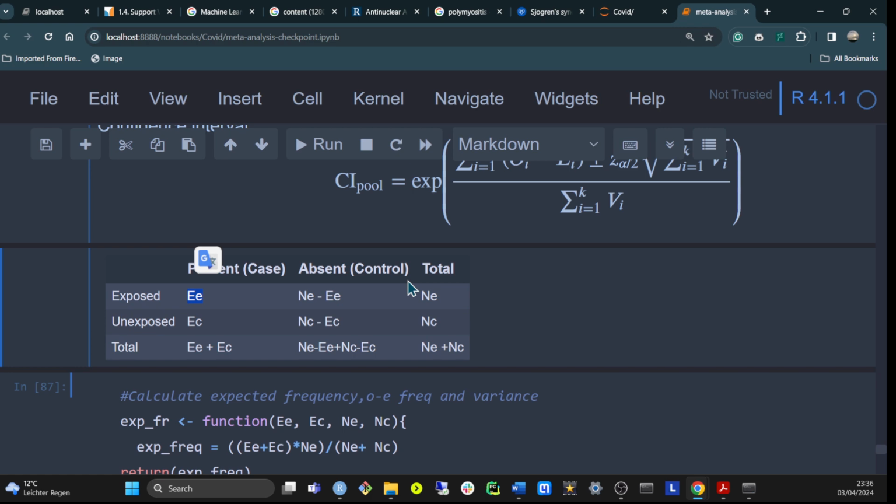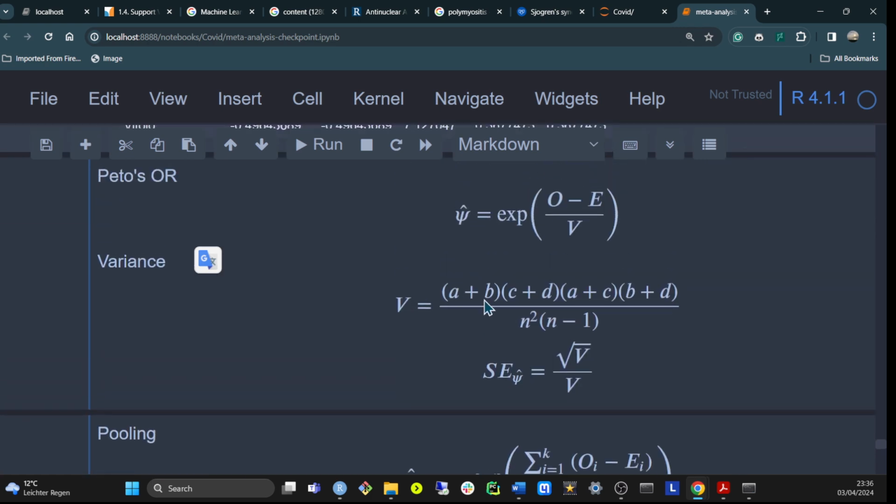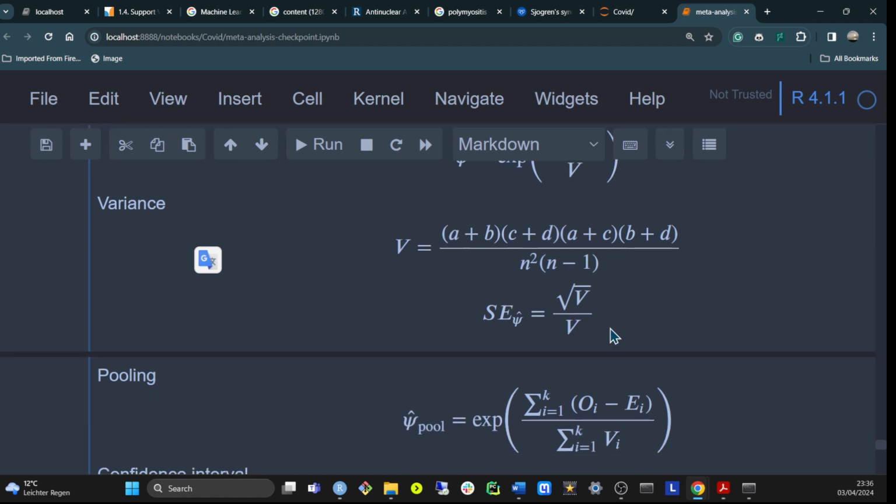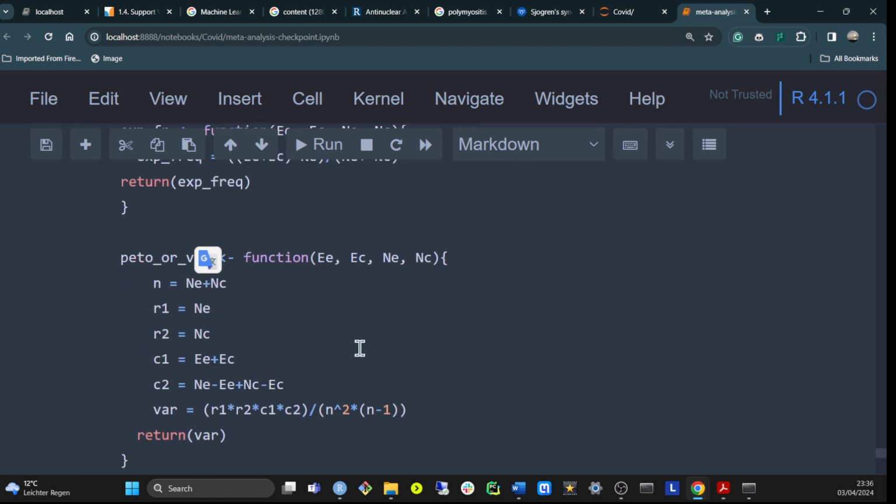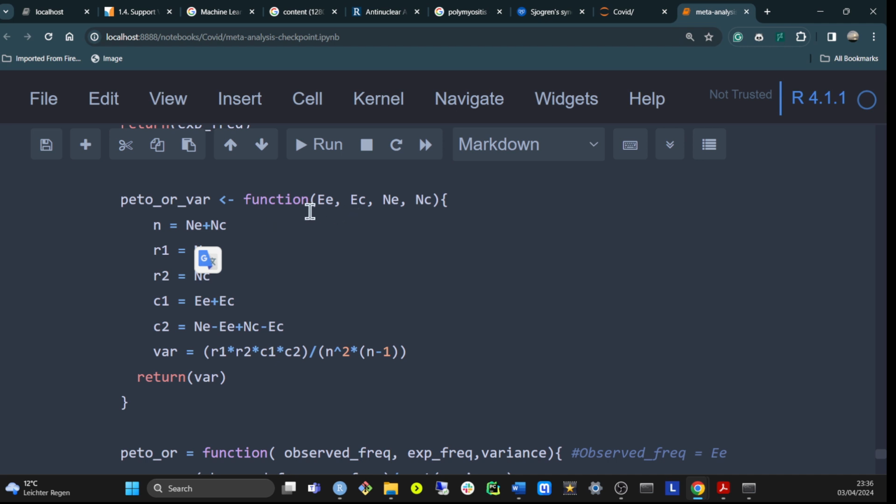Again, if we want to calculate the weight, the simplest approach is inverse variance. That means we simply invert it, and we get the weight. But we want the total weight, because that's what we need for the pooling. The total weight can be calculated using this formula: we get the weight for each study, and then we sum all the weights, the inverse variances, and we get the total weight.